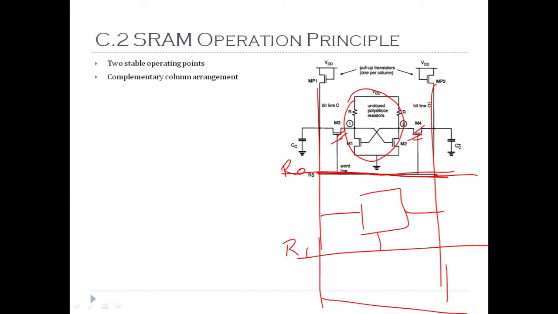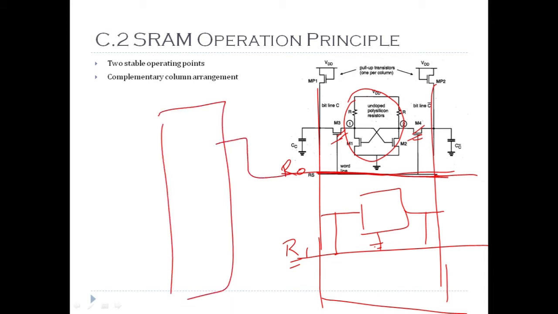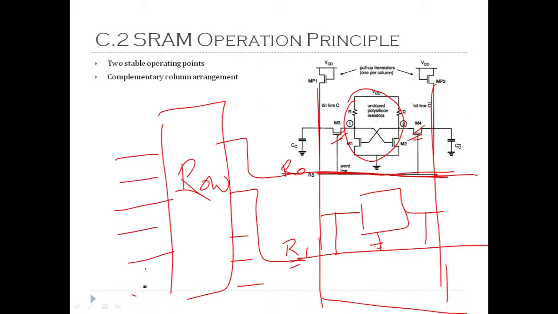Now the switches are controlled by the rows. If you remember, there was a row decoder which was basically a combinational circuit, and the address bits are given as input to it.